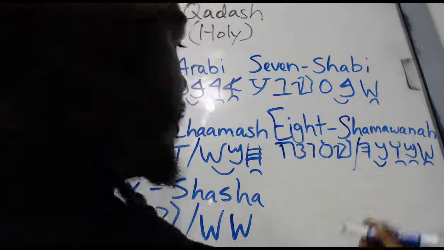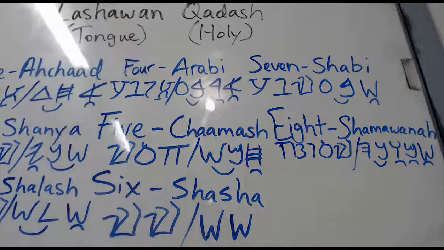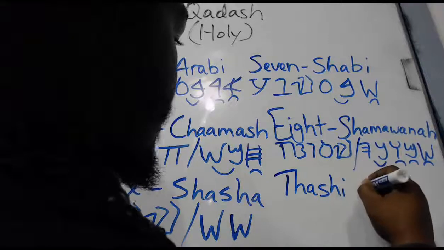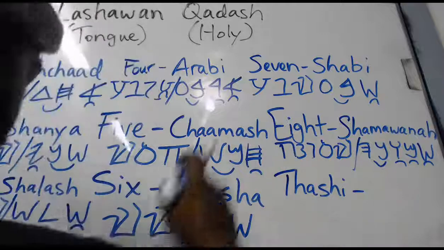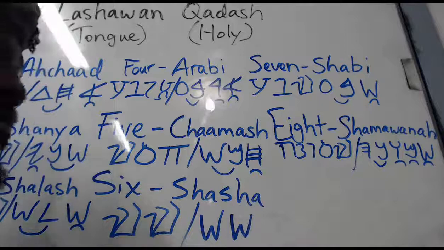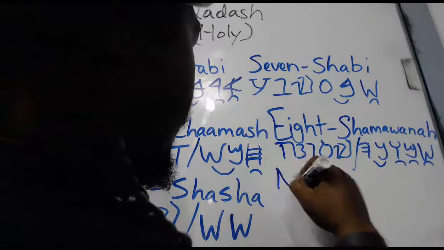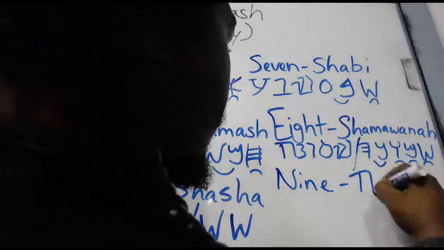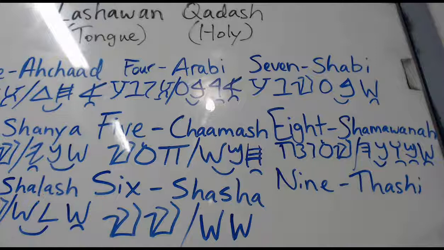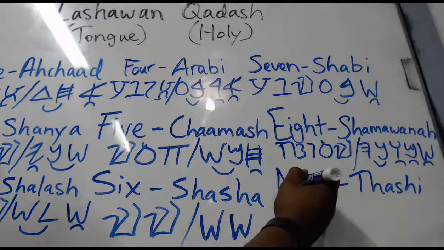Shamawana, right here. Okay. Now we got 9, which goes into the Shabayim, Yawamim, which is 90 days. So just 9 by itself is Thashai. 9 by itself, Thashai. 8 is very long, Shamawana.